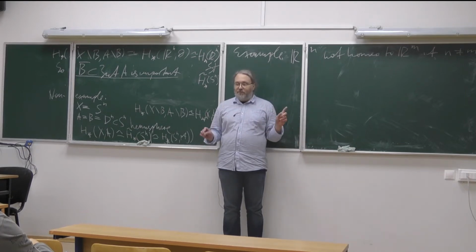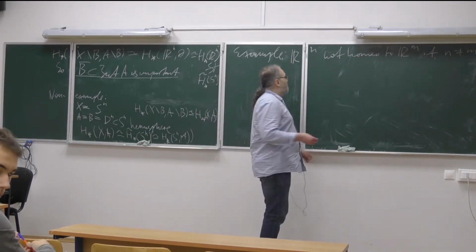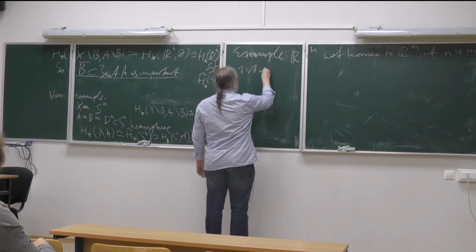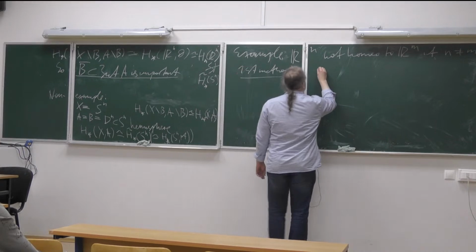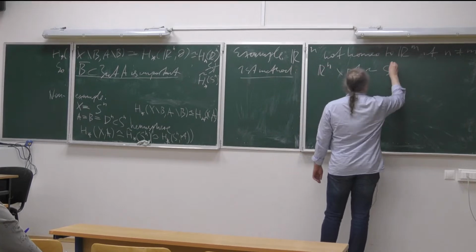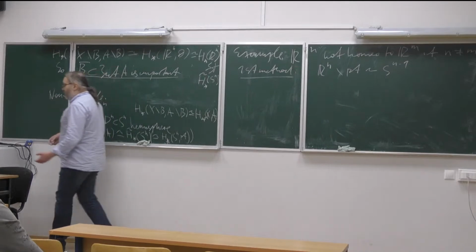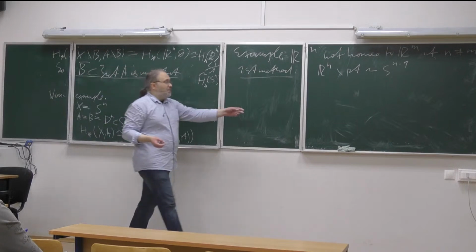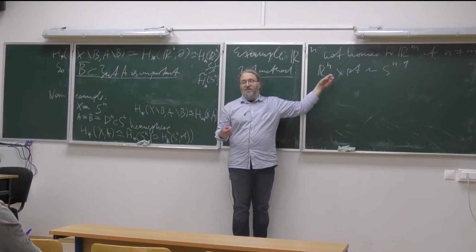Well, the first method works for Euclidean spaces. If we have a homeomorphism from Rn to Rm, then we also have a homeomorphism from Rn minus a point to Rm minus a point.